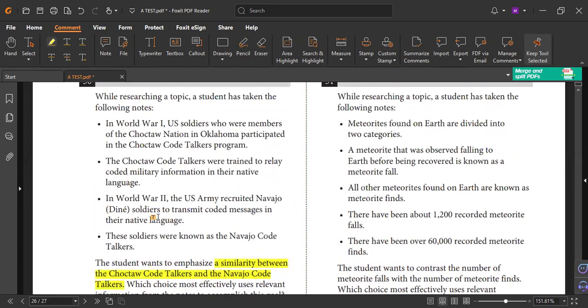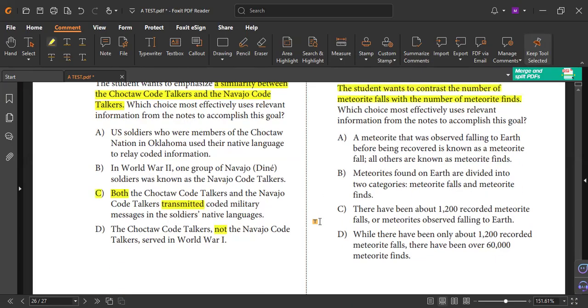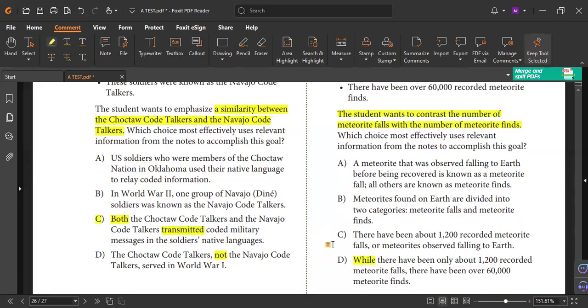All right. What is 31? 31 is A. 31, no, you should try again. Look here, they want to contrast the number of with the number of. So we need contrast. Comparison, for example. Here, look for letter D. While shows contrast, as you know, in the writing structure, there have been only about 1,200 recorded.